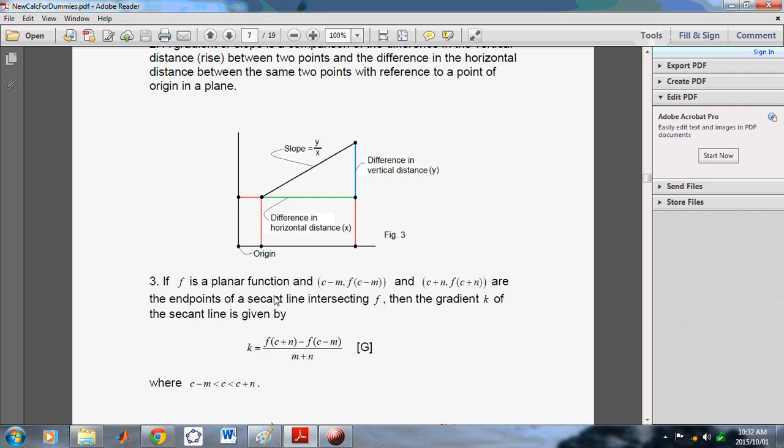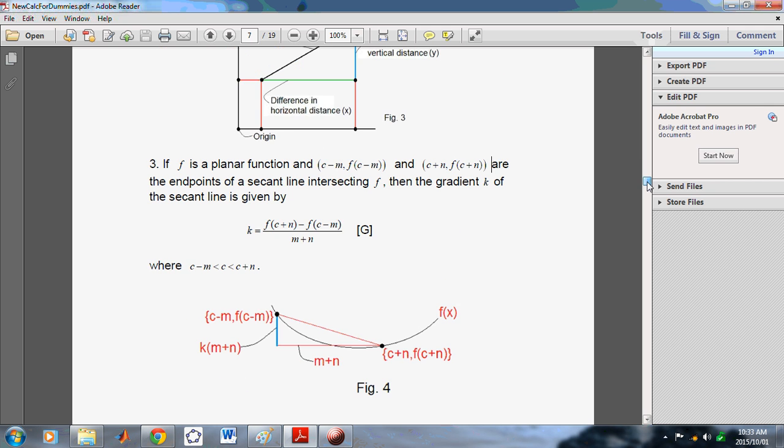f is a planar function and this is one of the endpoints of a secant, and this is the other endpoint of a secant, then the gradient k of this line, whatever it is, k can be anything, is given by this formula here. Yes, where c minus m is less than c is less than c plus n.